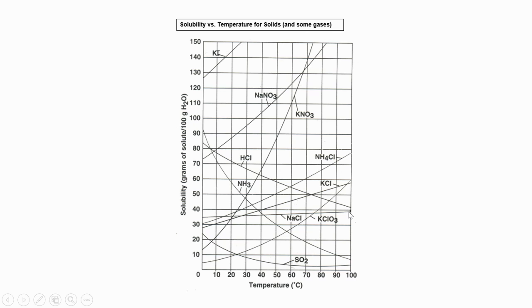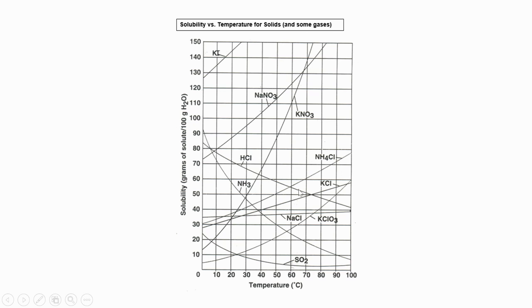Well, the one that changes the most has the steepest rise or fall. So KNO3 is definitely a steeper curve than NaNO3. NaCl is almost flat. It changes very little with temperature, from 35 grams at 0 to about 39 grams at 100.